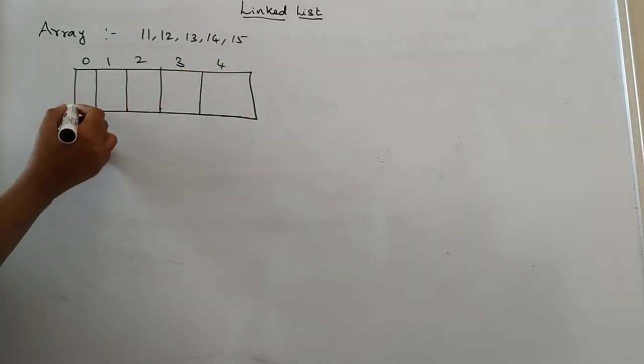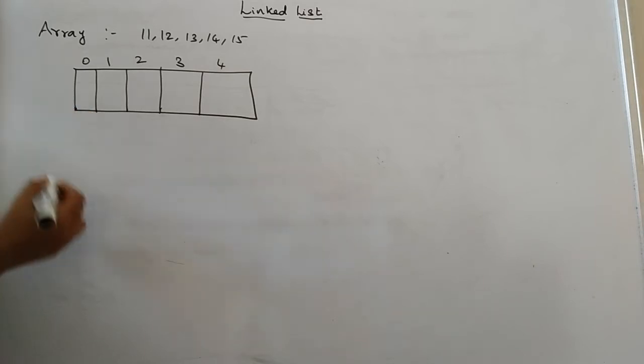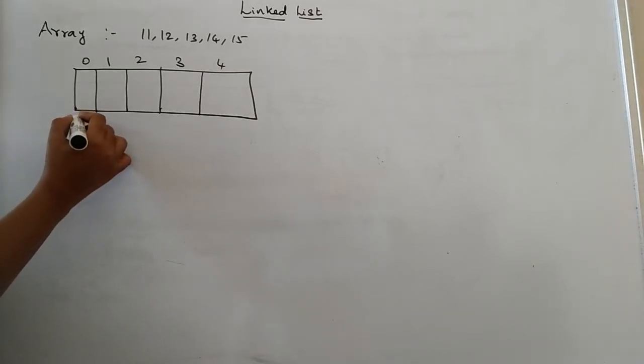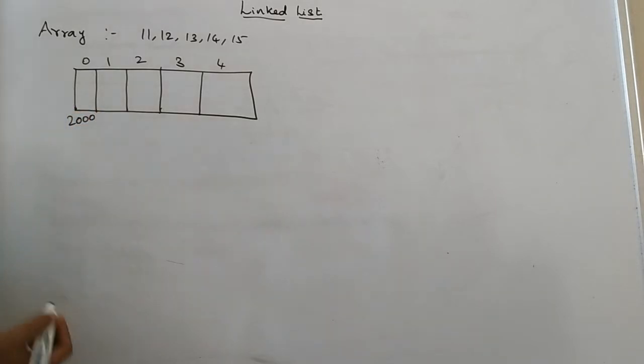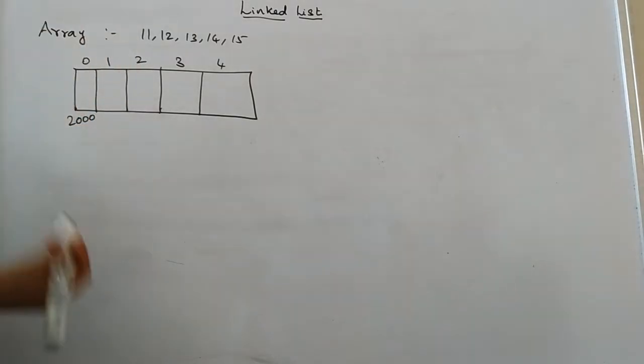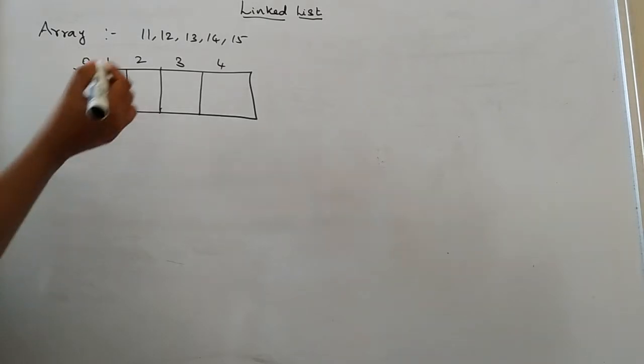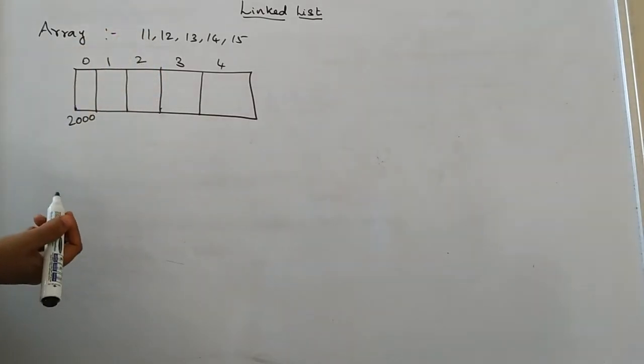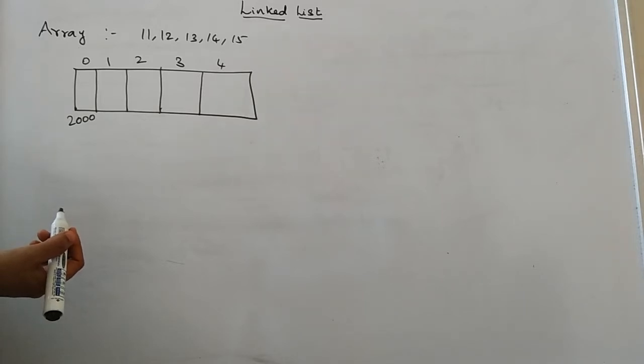And the base address of this array, just for example, I am taking as 2000.